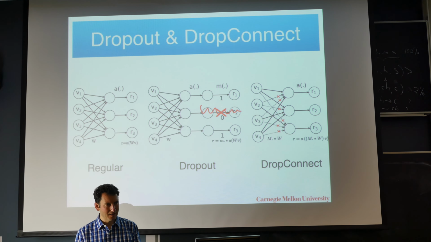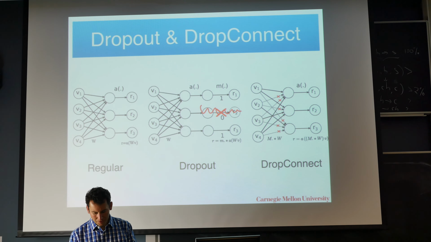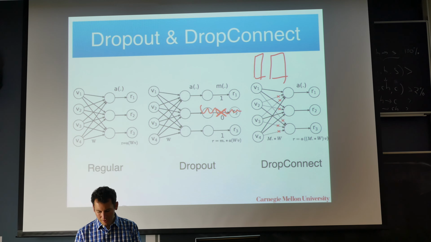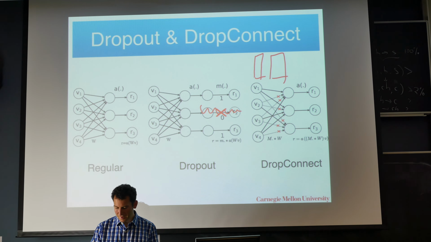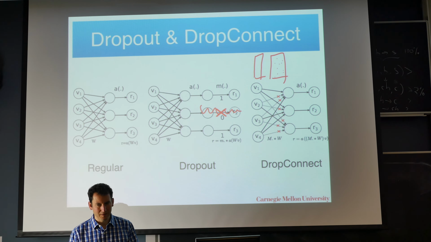So this prevents exactly that trick where you over-encode information in a single coefficient. In DropConnect, if you think about it, this is actually a matrix vector multiplication. Here's the vector, here's the matrix. Then you just randomly kill entries in this matrix. And there are plenty of other things that you could do like this.